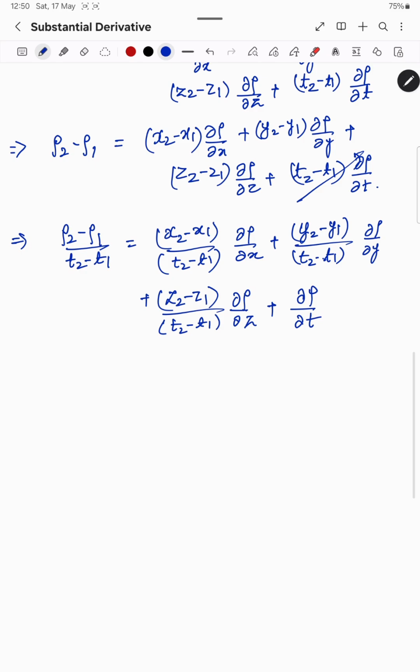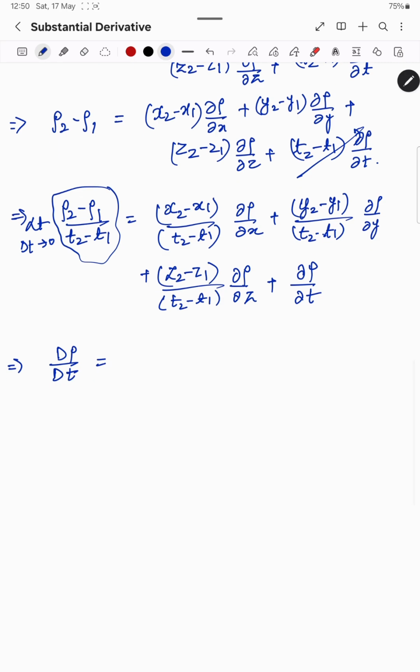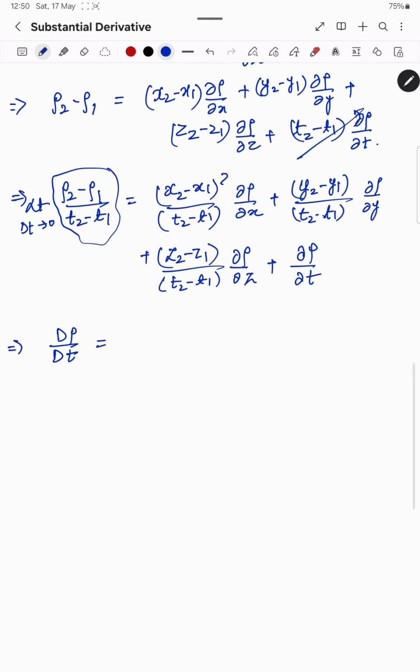Okay, now I will take the limit as delta t tending to 0. So this term is what we call capital D rho by Dt, and this is equal to, this term is change in position upon time.